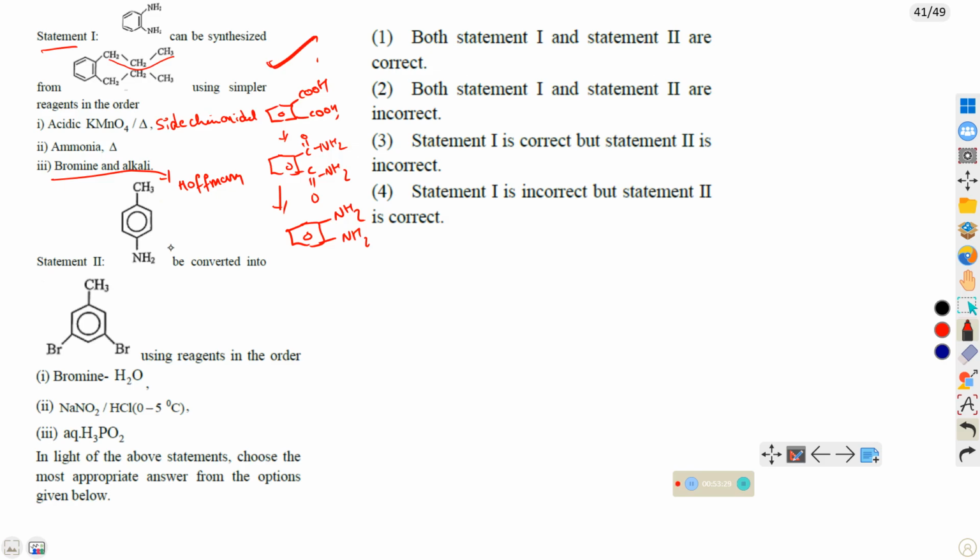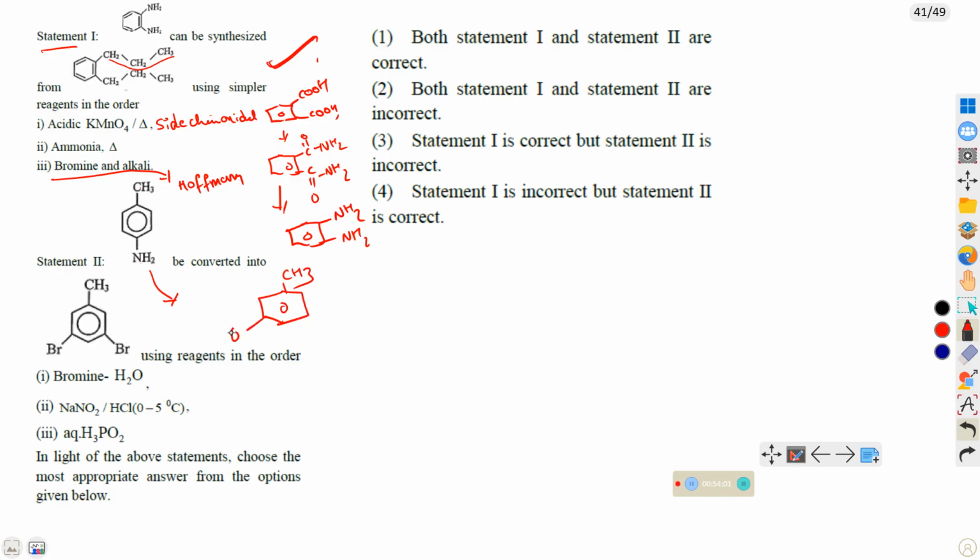Statement 2, this compound converted to this compound. Take the first compound with bromine water. The NH2 group is an electron donating group and the CH3 group is also an electron donating group, so ortho and para products are obtained. With respect to CH3, NH2 is para, and with respect to NH2, CH3 is para. Already the para position is blocked, so bromine is substituted at the ortho position.